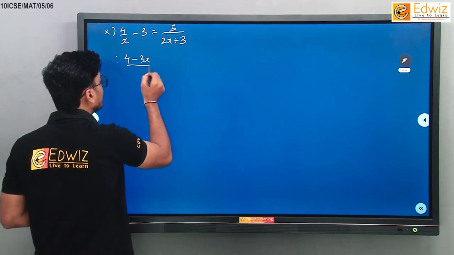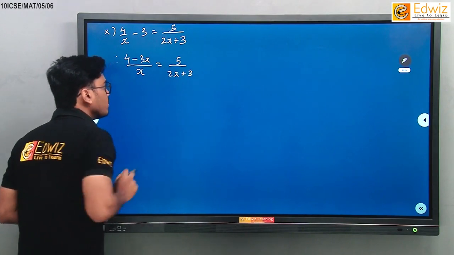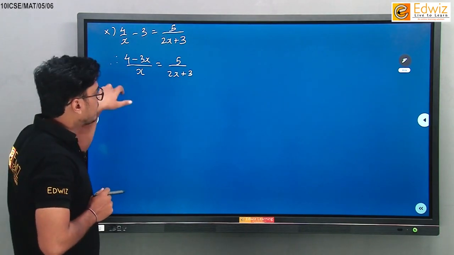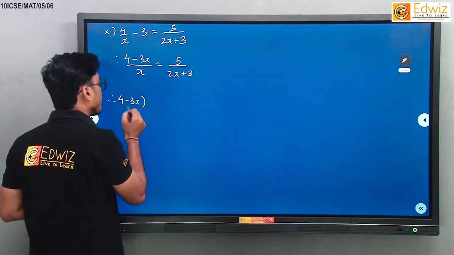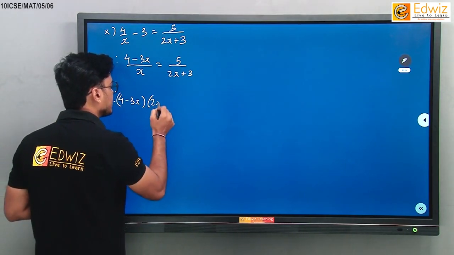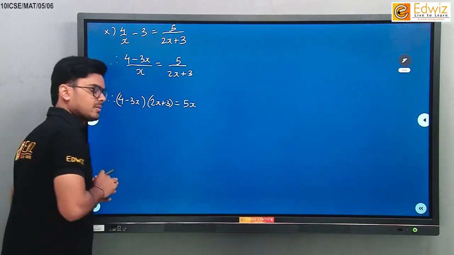This is 4 minus 3x upon x equals 5 divided by 2x plus 3. Now to simplify, again cross multiply. You will get 4 minus 3x multiplied by 2x plus 3, and 5 multiplied by x, that is 5x.